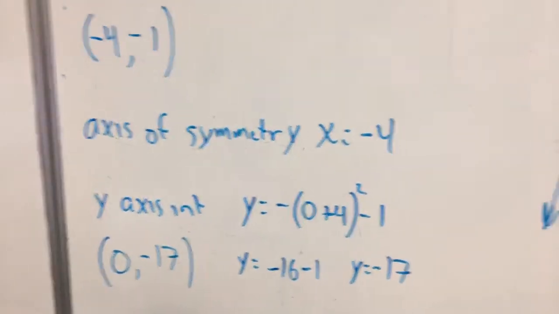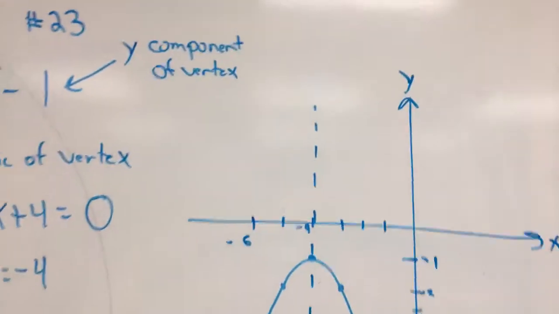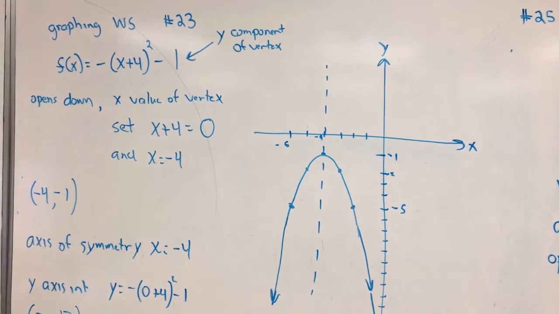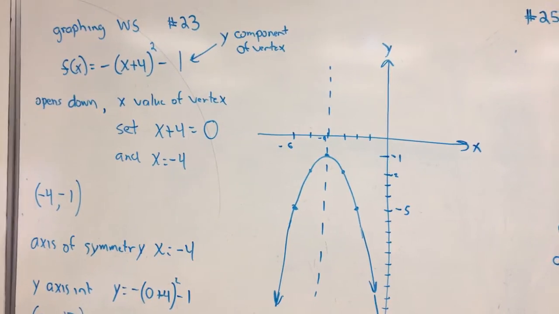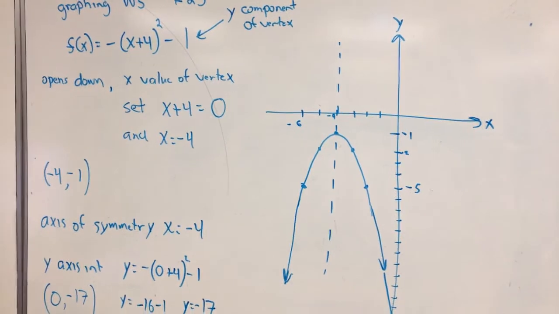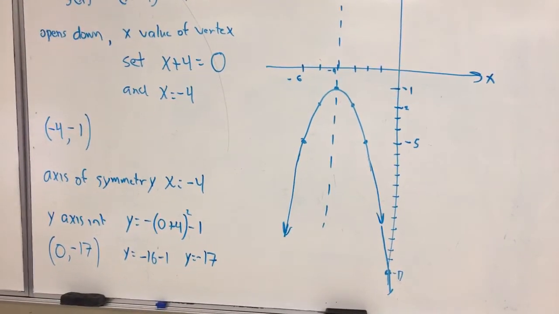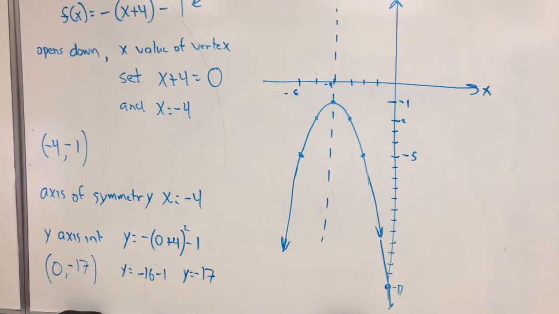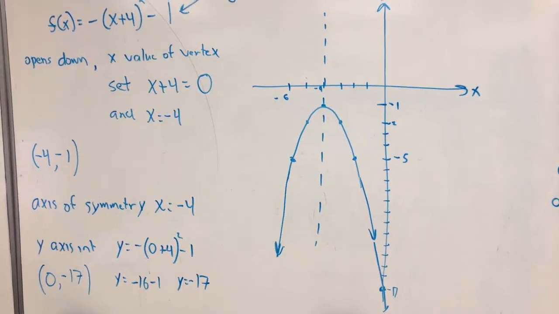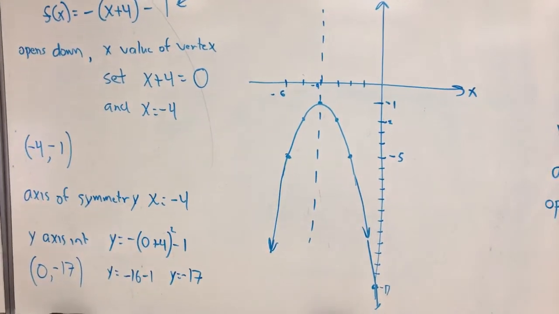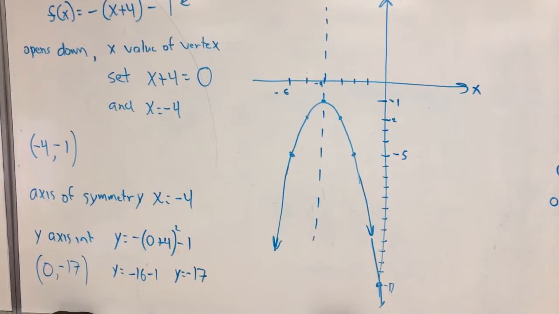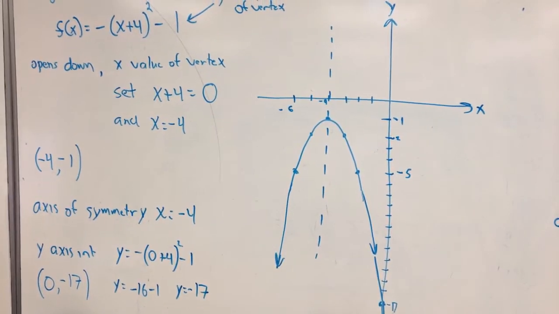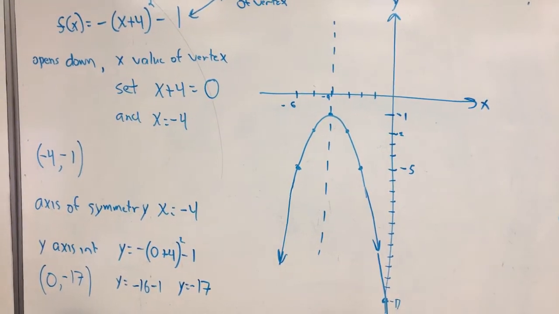All right? So now let's draw what we know. So here's my little XY grid. I'll back the bus up here so you can actually see it. So I went up there, and I went to negative 4, and I drew my axis of symmetry. And then, being that 0, negative 17 is not on the graph on your paper, I put it on there anyway. What a sloppy graph. But anyway, to get the other points, because you have a vertex that you need to graph this parabola, start picking values of x. I picked x to be negative 3. When x is negative 3, y is negative 2.